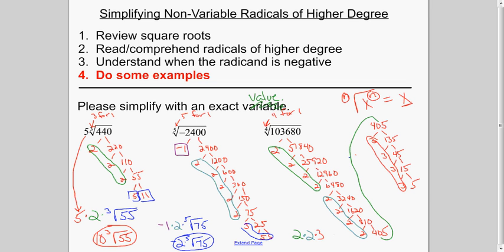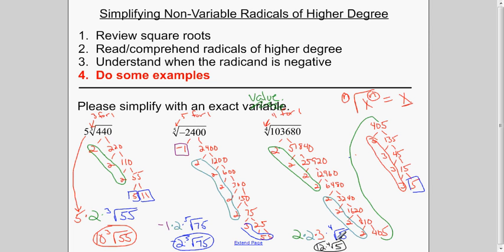And from there, the only remaining factor I have is this 5 that stays inside the fourth root radical. So this, in fact, will make this answer 2 times 2 times 3, which is 12 times the fourth root of 5.